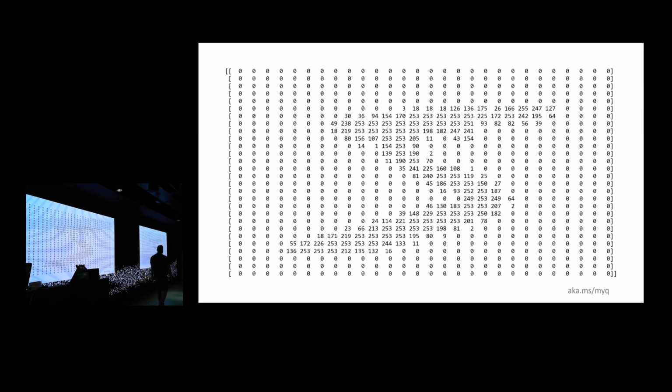Okay, so I want you to squint into the matrix and tell me what number that is. Rhymes with five. Starts with an F. Any guesses? 5. Good job. So this is just a 28 by 28 matrix that has numbers in it to represent the intensity of the pixel value.